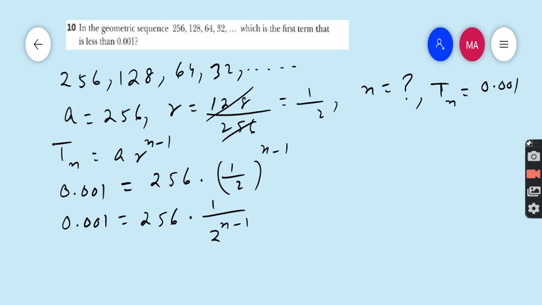Shift this 2 power n minus 1 over here. It is 2 power n minus 1, and this 0.001 should be divided.